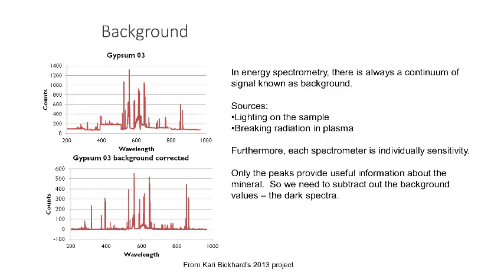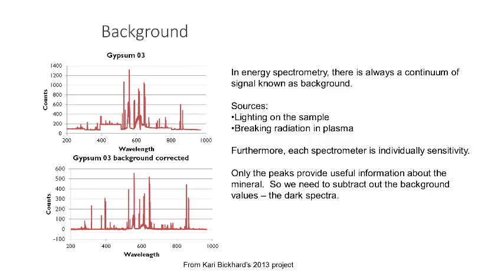This excessive radiation is known as background, and it is impossible to avoid. In fact, it's one way to know that your spectrometer is working, because a zero value tells you something is terribly wrong.